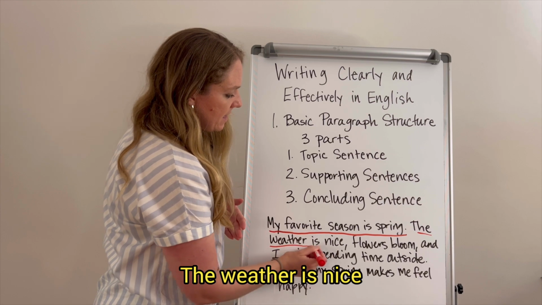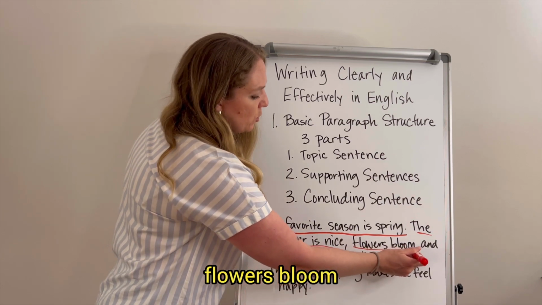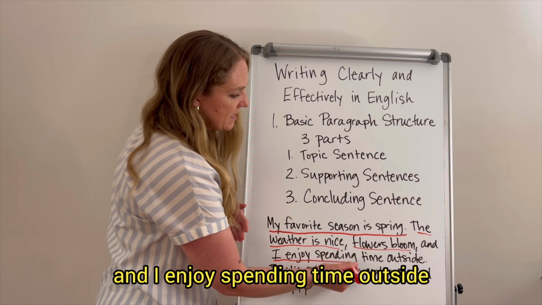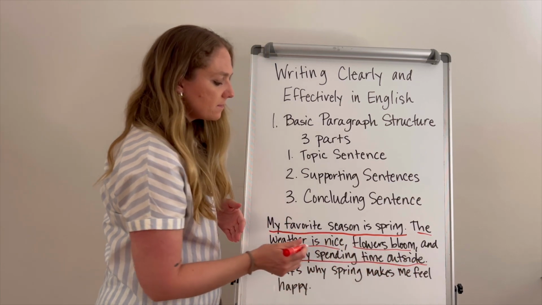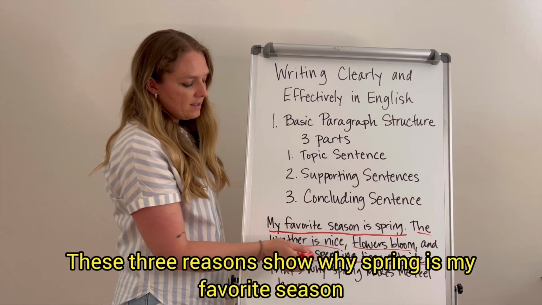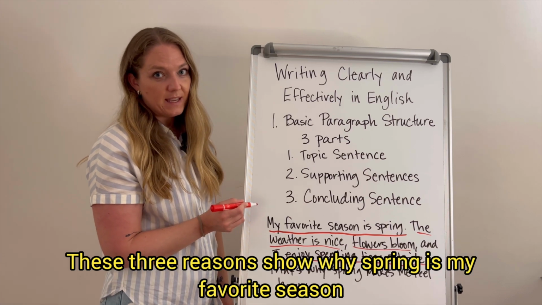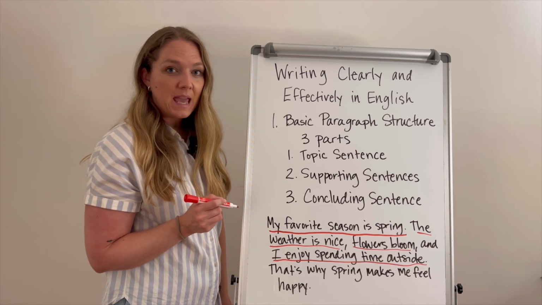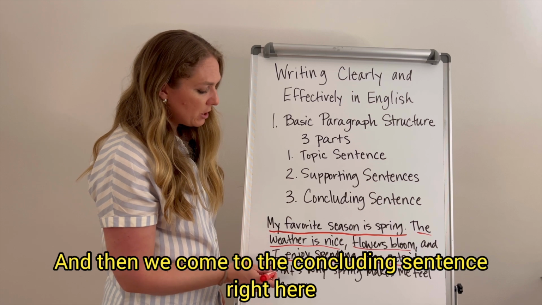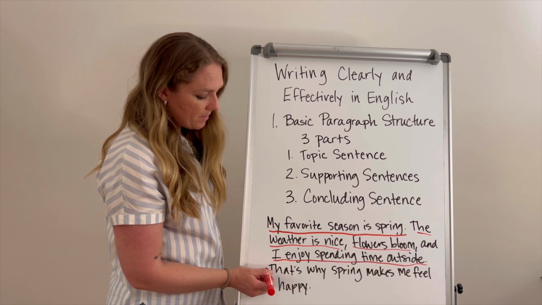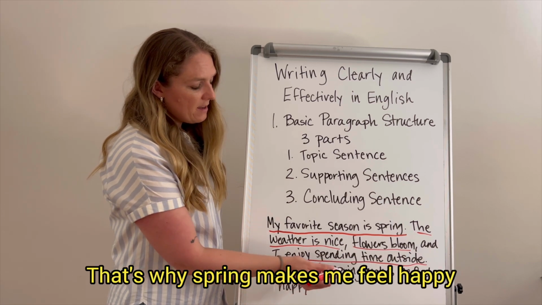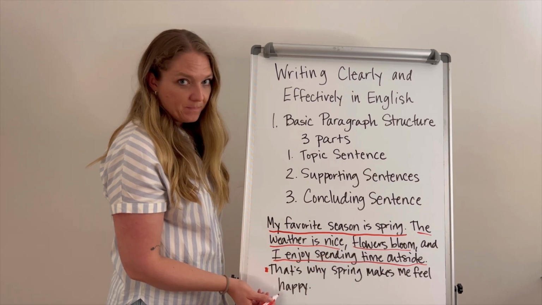The weather is nice, flowers bloom, and I enjoy spending time outside. These 3 reasons show why spring is my favorite season. And then we come to the concluding sentence right here. That's why spring makes me feel happy.